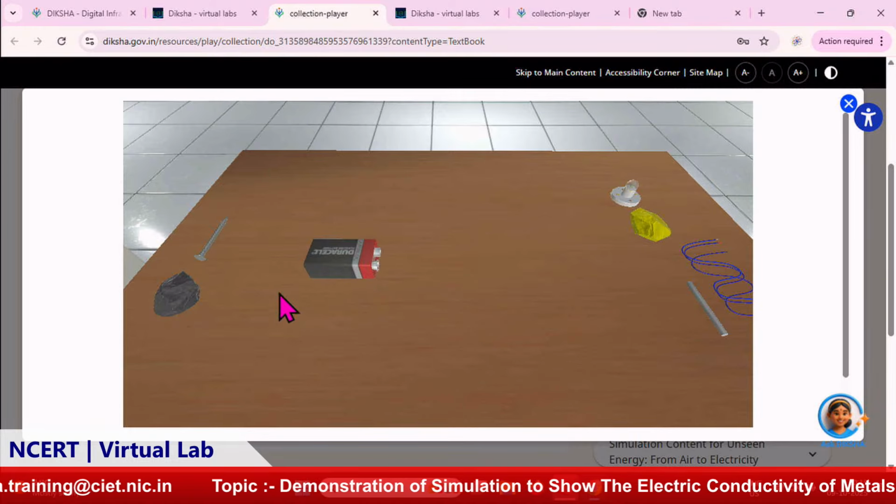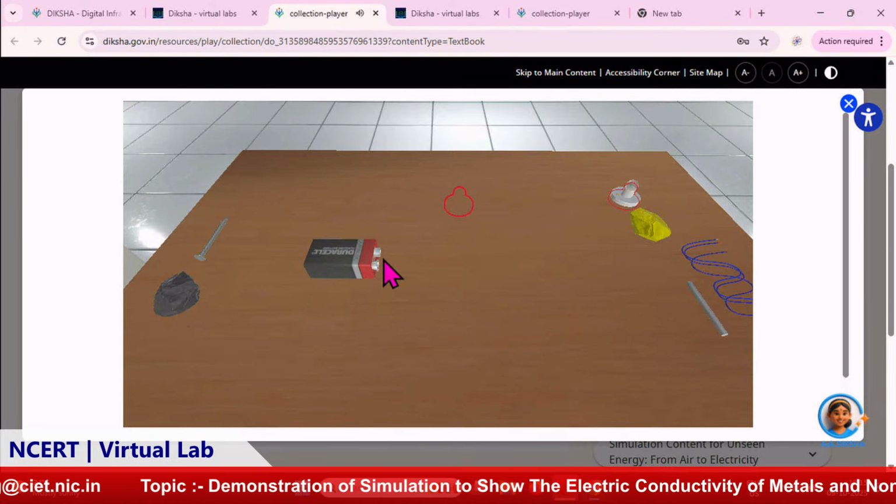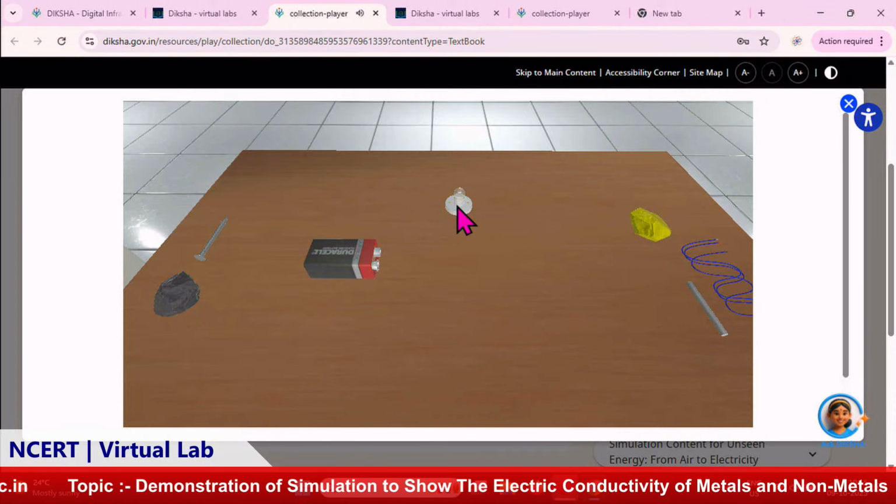What we need to do is first put the battery, then I put the bulb over here.